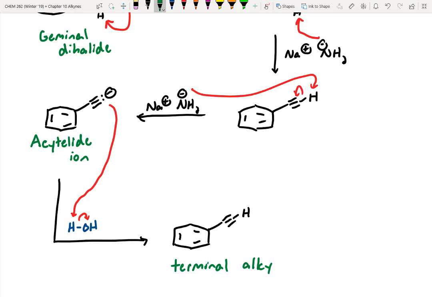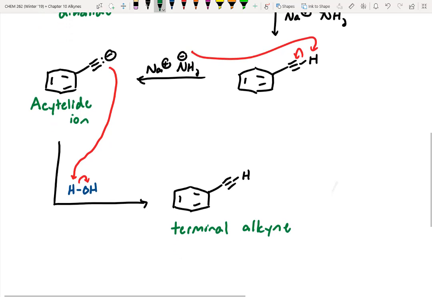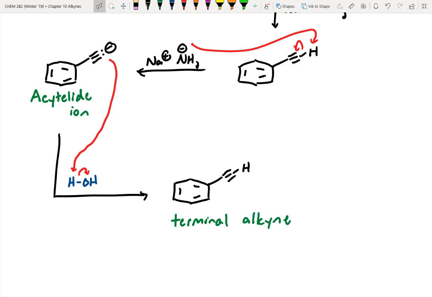Why do you think I'm calling this a terminal alkyne? Yeah, it's on the end, right? So a terminal alkyne means that you don't have carbons coming off of each side. You've got a hydrogen off of one side and some sort of alkyl group off the other side. It is important to note that this second step is necessary for terminal alkynes.